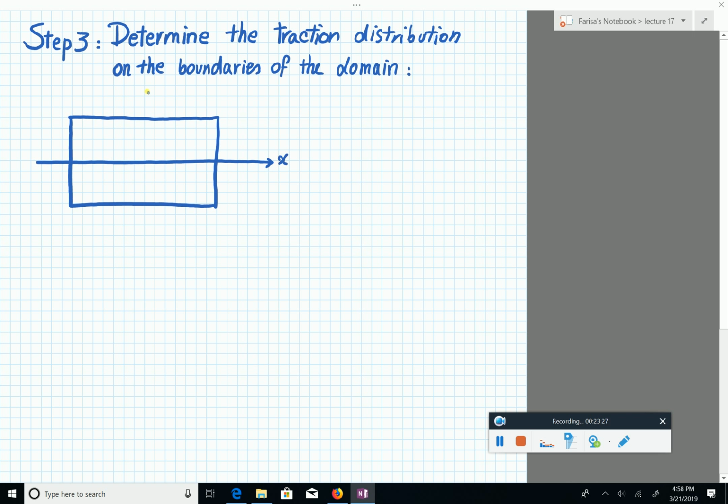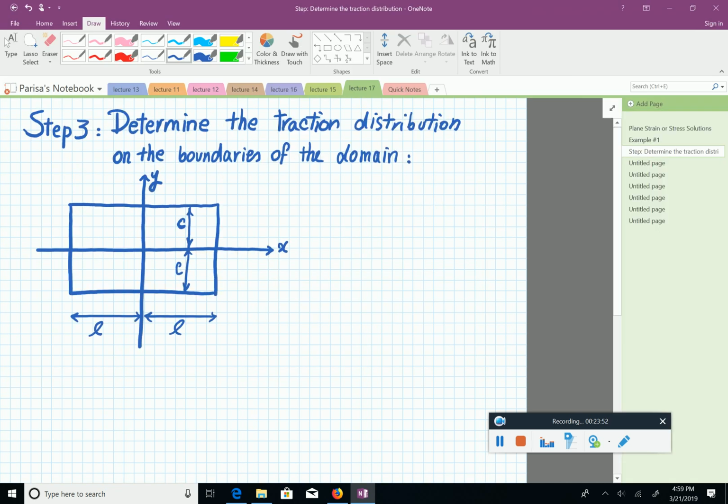So here is x, here is y, and then I call this C. This is L, and let me give some names to these boundaries.